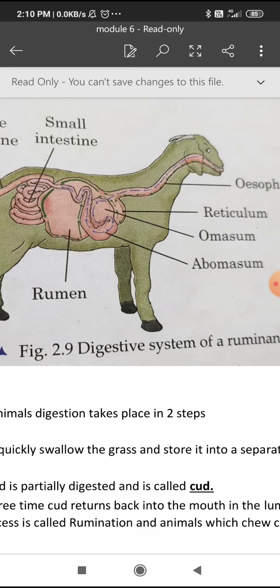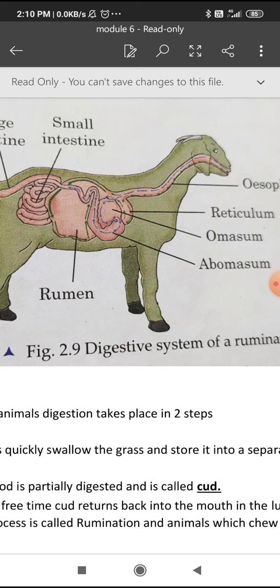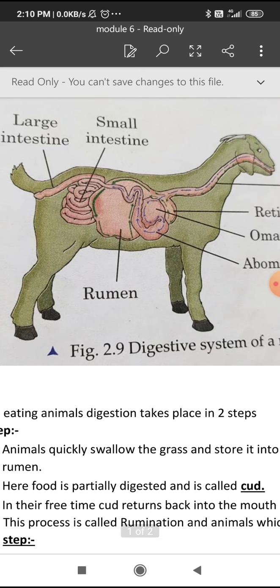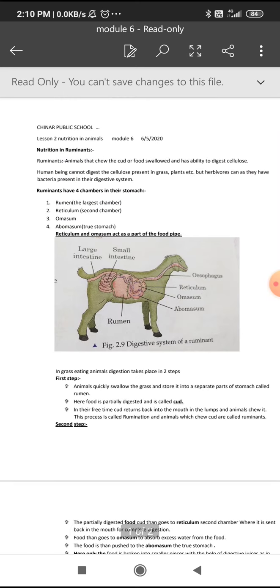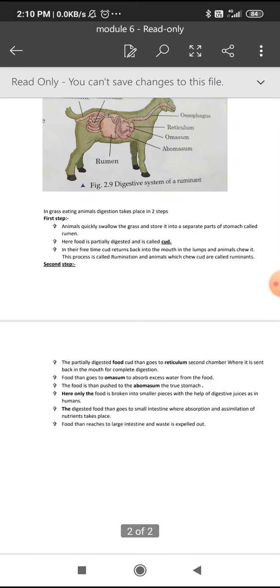Again it goes from the reticulum to the omasum and then to the abomasum. In the abomasum, the excess water is taken out, and then from the abomasum it goes to the small intestine, where absorption and assimilation takes place, and from there the unwanted food goes to the large intestine, which is then expelled out. So this is the nutrition in ruminants.